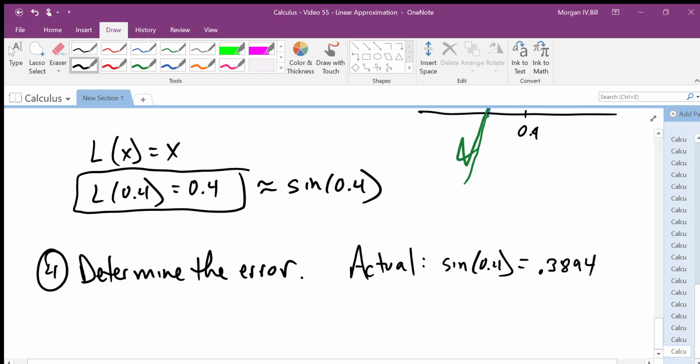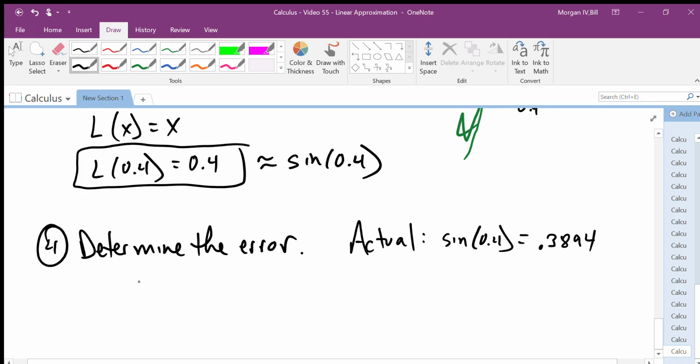All right, that's pretty close to 0.4. So what is the error? The error is always your approximation minus your actual. Error is the approximation minus the actual. So our approximation to the sine of 0.4 by our linear approximation was 0.4. The actual was 0.3894.